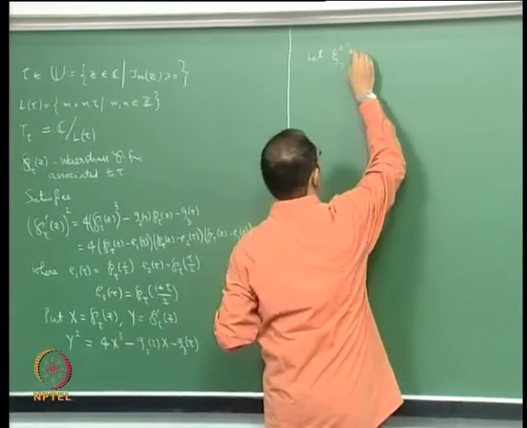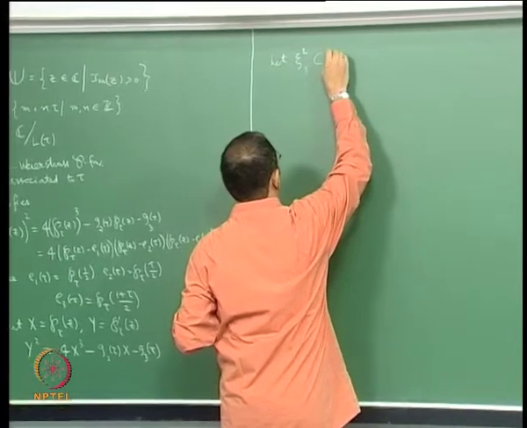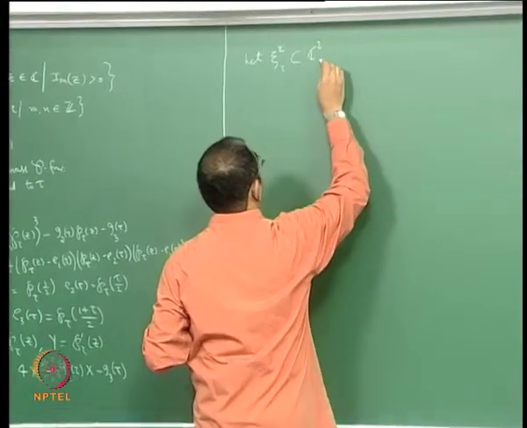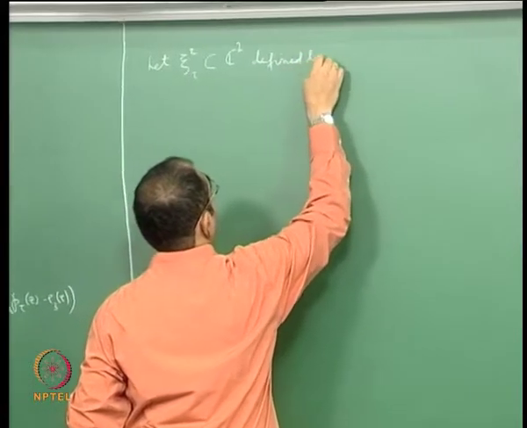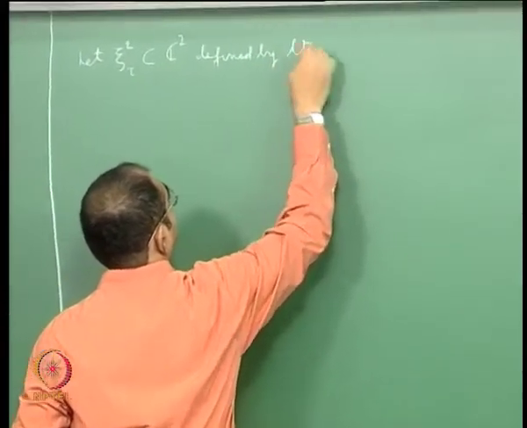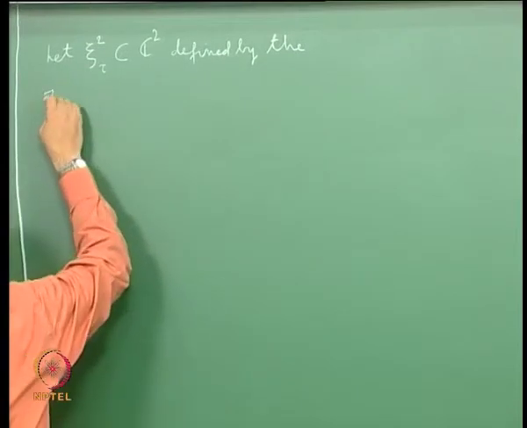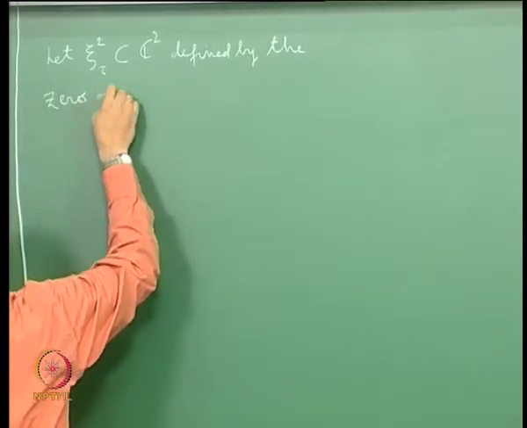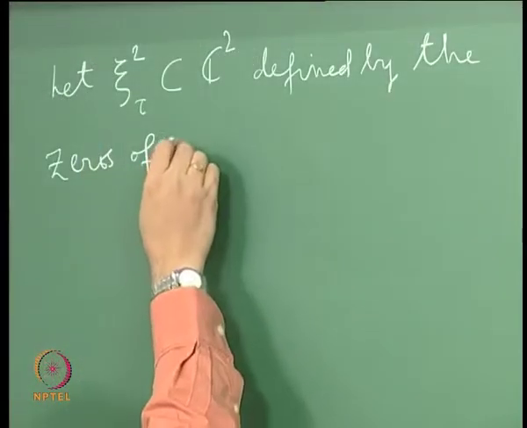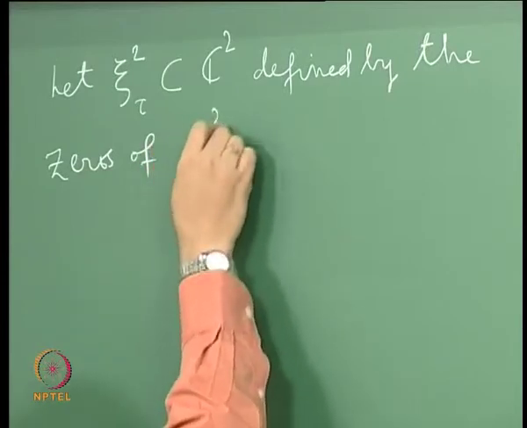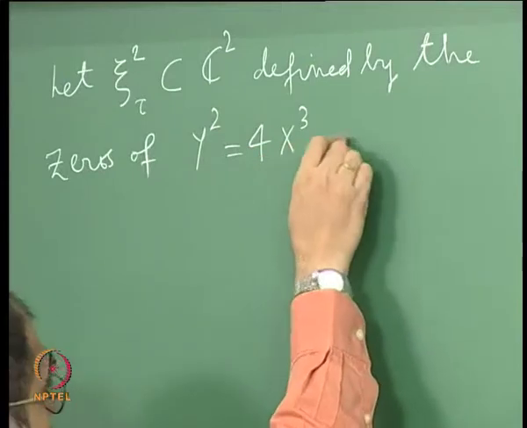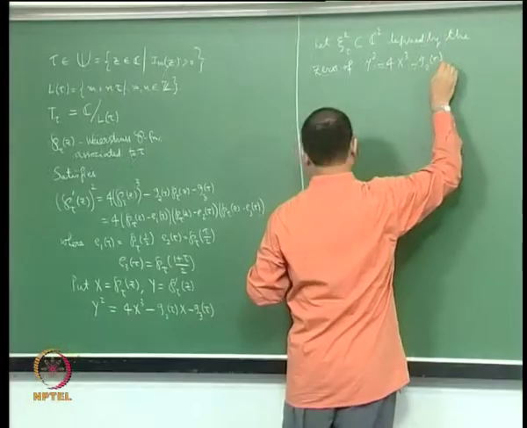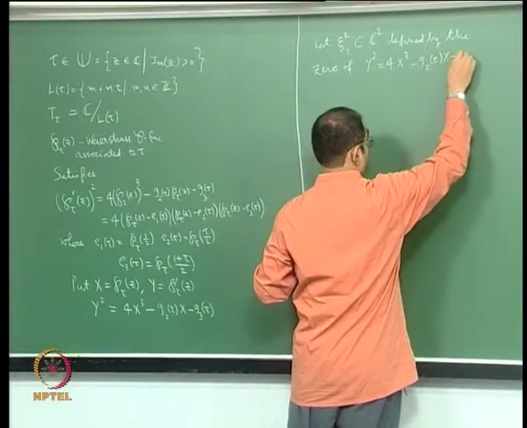Let xi tau 2 be the subset of C2 defined by the zeros of this polynomial. Y squared is equal to 4x cube minus g2 tau into x minus g3 tau.